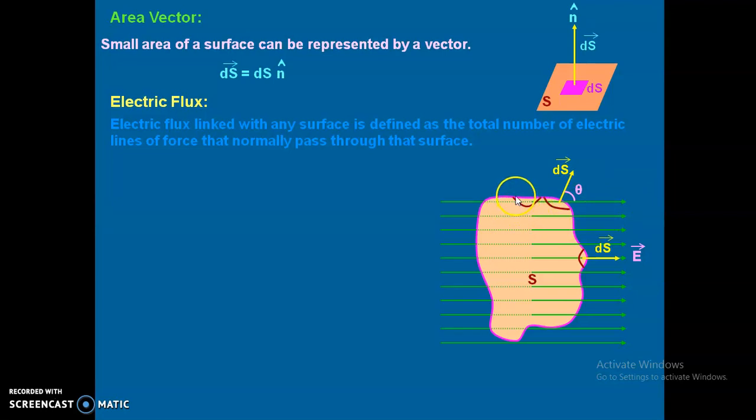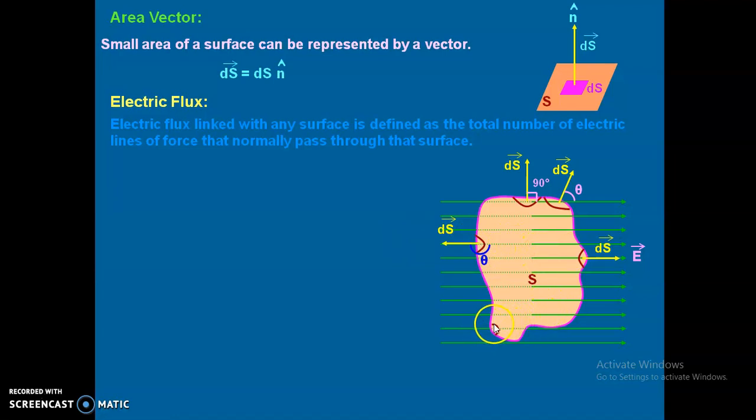Now again another small area dS we are choosing, which acts in this direction, which is normal to the electric field. Another surface we choose over here, whose area vector is acting in this direction at an angle theta with the electric field.